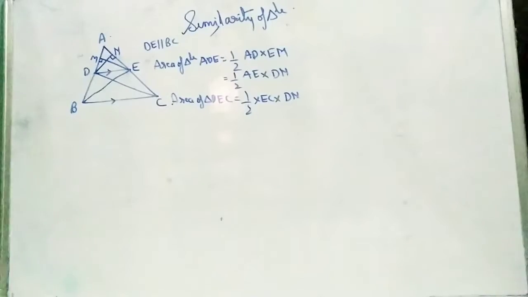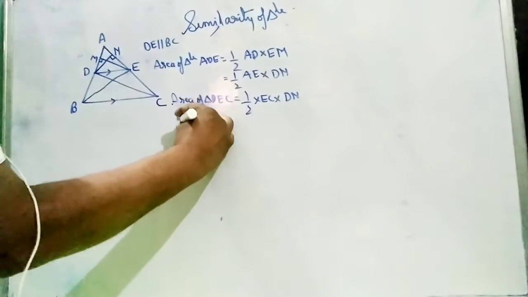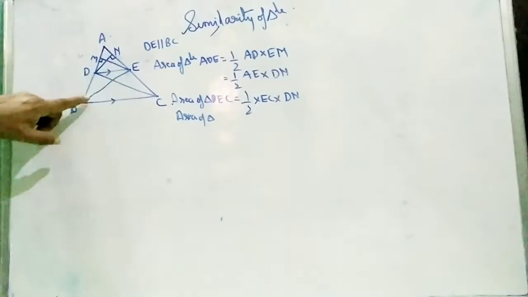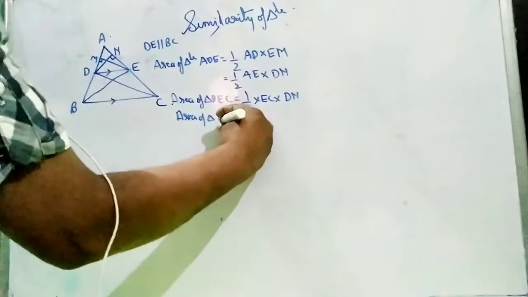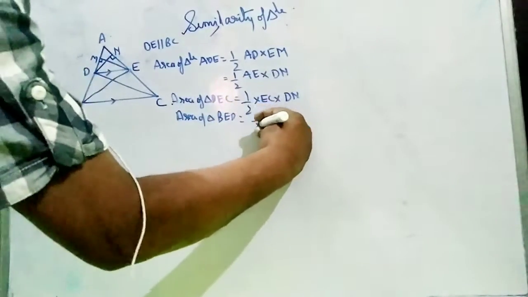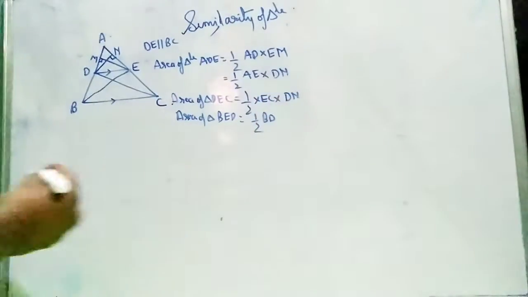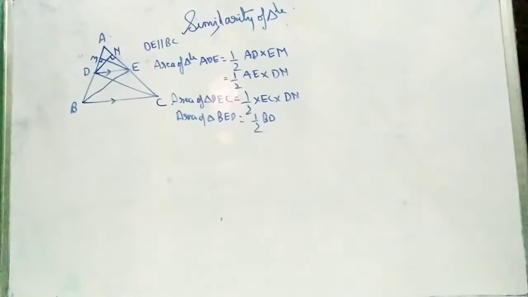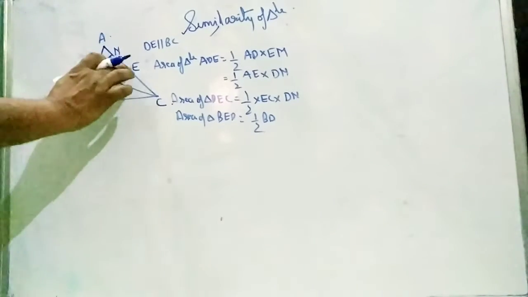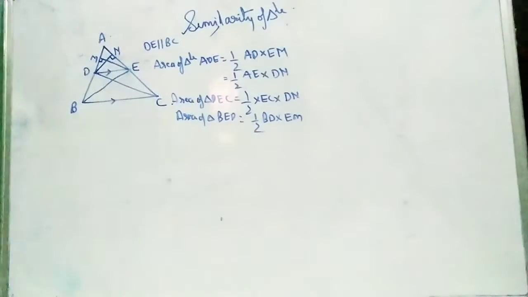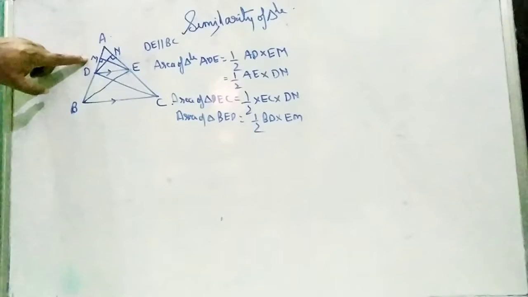In triangle BED, the area is half, if you are taking BD as base, then EM will be taken as perpendicular.